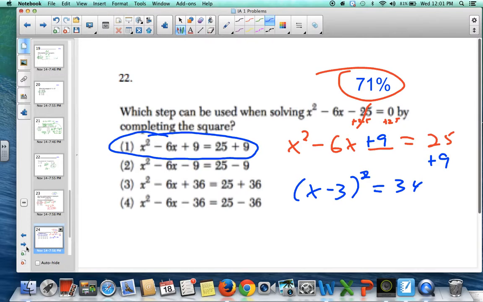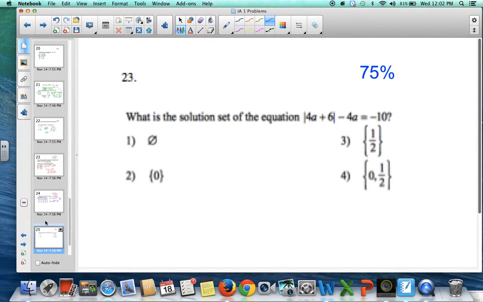Okay, let's do 2 more problems. Solution set of this one. There's a couple of different ways to do this. I'm going to suggest right now we start plugging numbers in. Let's plug in 0 and see if it works. Absolute value of 4 times 0 plus 6 minus 4 times 0 equals negative 10.